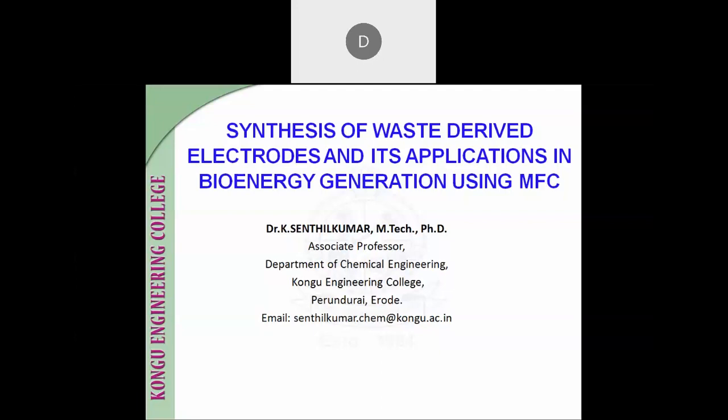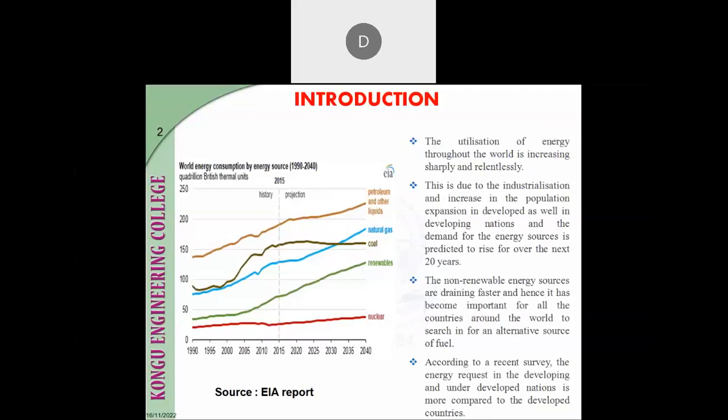So this is the concept. Once we have derived the electrodes and characterized them, we applied them in bio-generation in MFC.